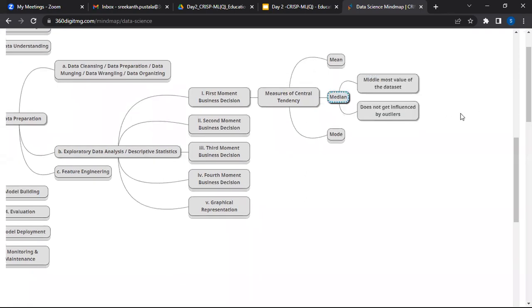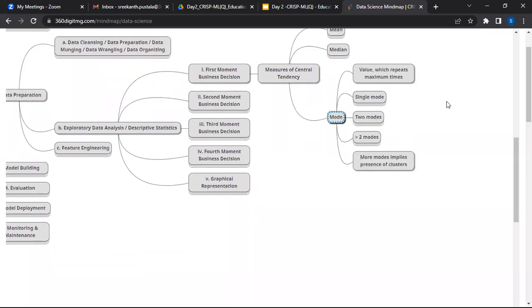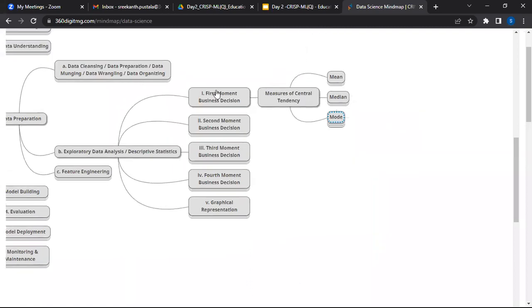The median is the middle-most value of the data set and does not get influenced by outliers. The mode is the value which repeats the maximum number of times. A single mode is unimodal, two modes is bimodal, and more than two modes is multimodal. More modes implies the presence of clusters.